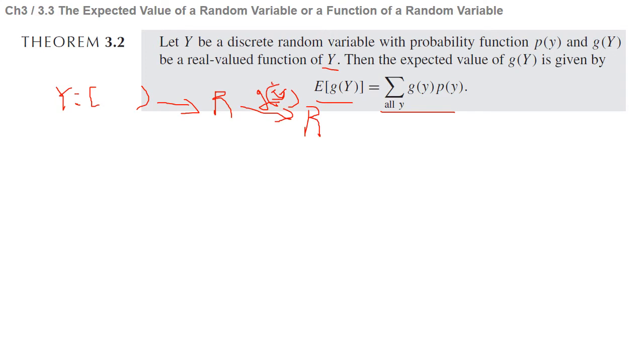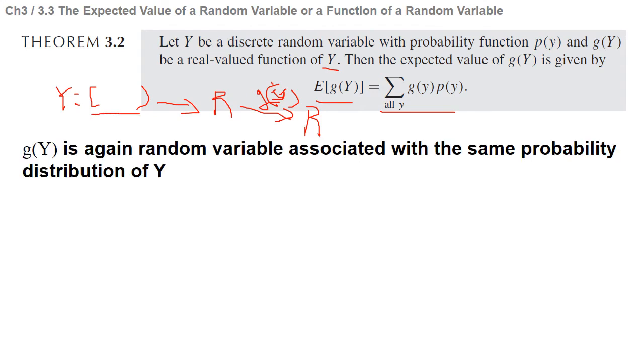So actually g(y) is again a random variable from the domain of sets to the real value.